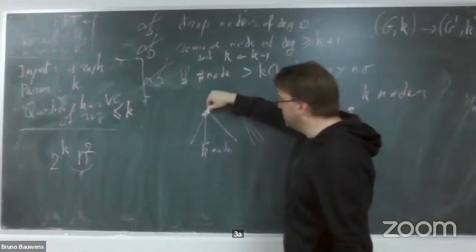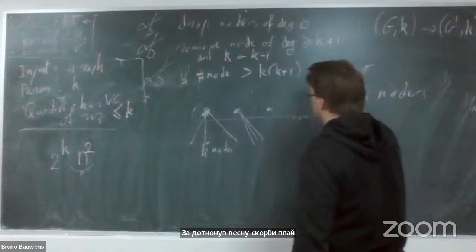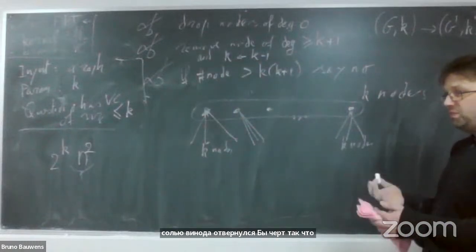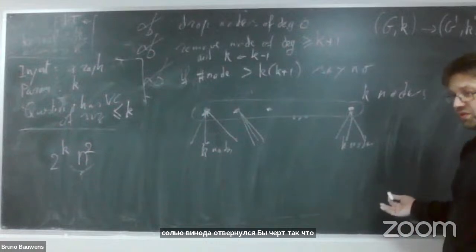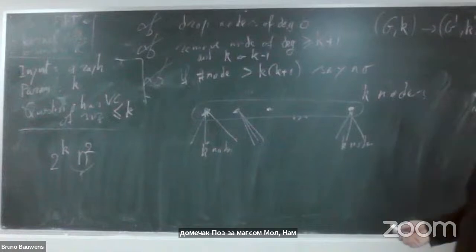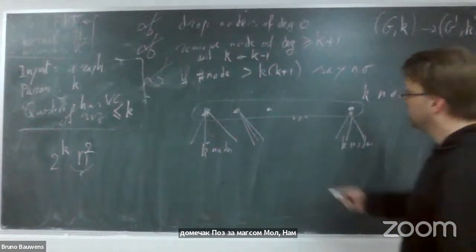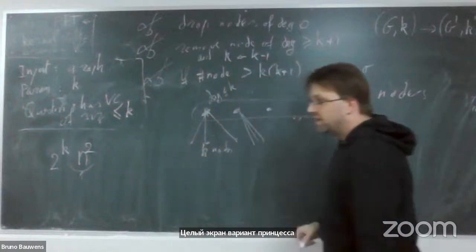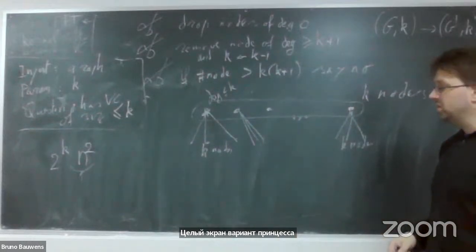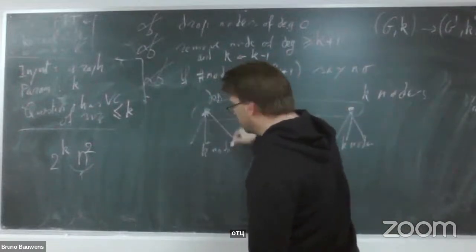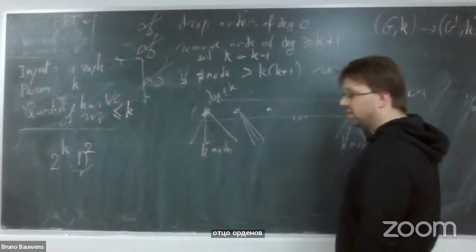So we assume a vertex cover exists, and then we check what's the maximal number of nodes in the graph. It's k times k. We know that the degree of each node is at most k, plus 1. There are no isolated nodes, so this node can be connected to at most k nodes, and the same for here.